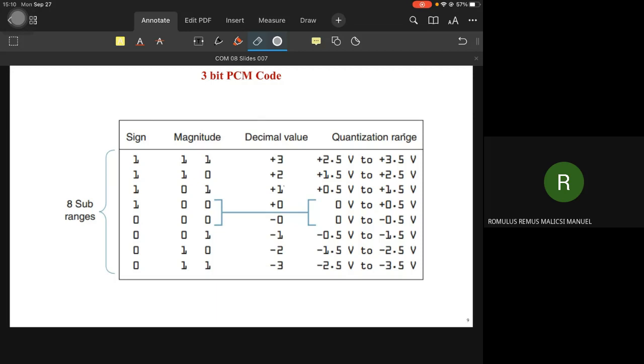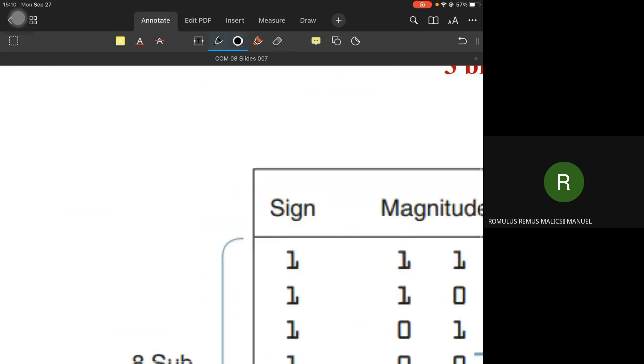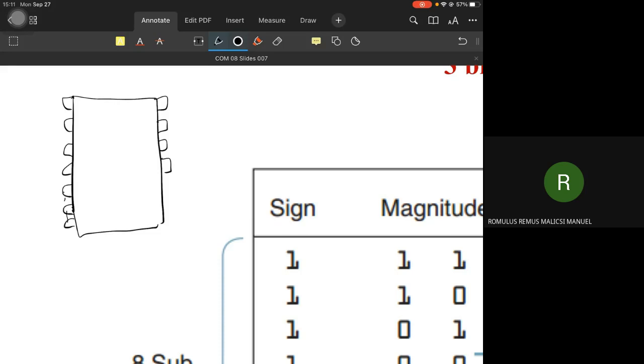How many legs does this have? Maybe 16 legs. I forget how many legs. 16 legs also, so 8 here and 8 here. 1, 2, 3, 4, 5, 6, 7, 8.